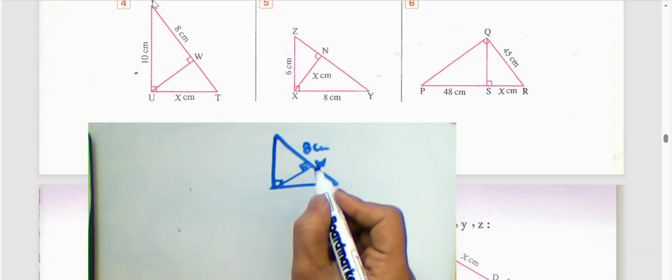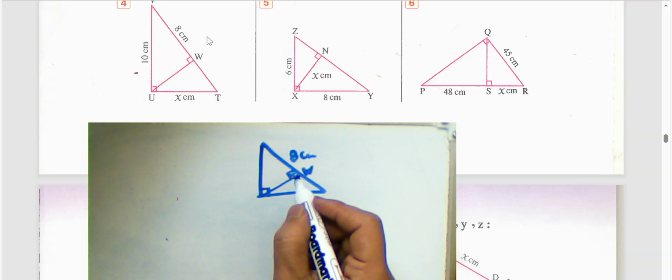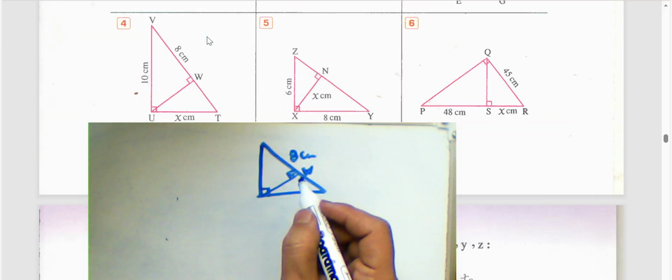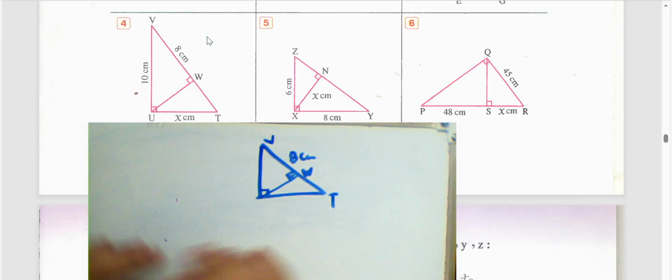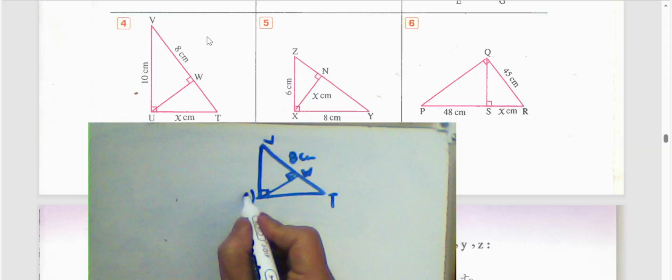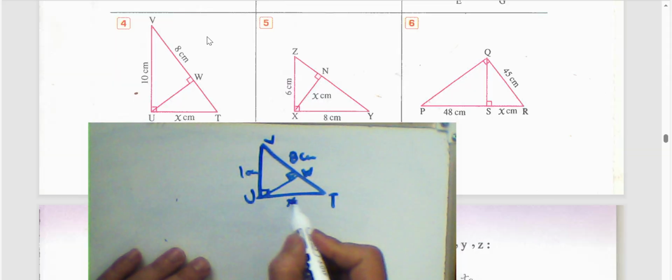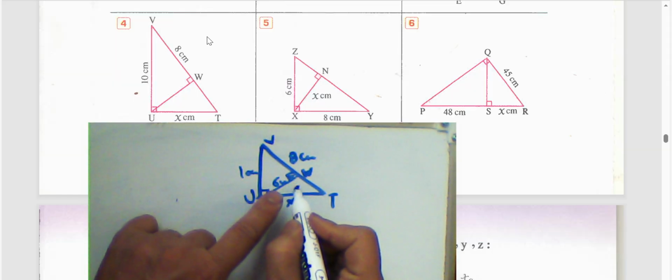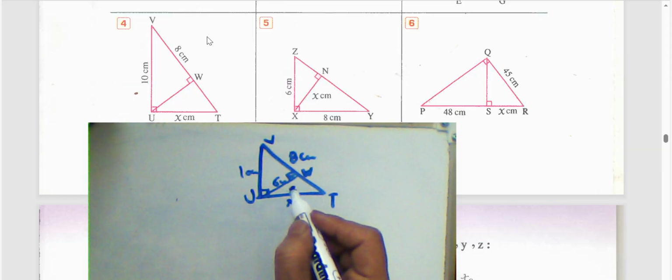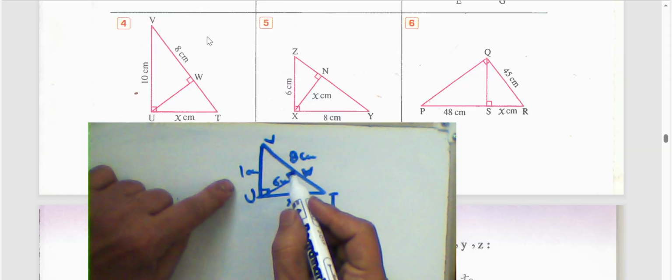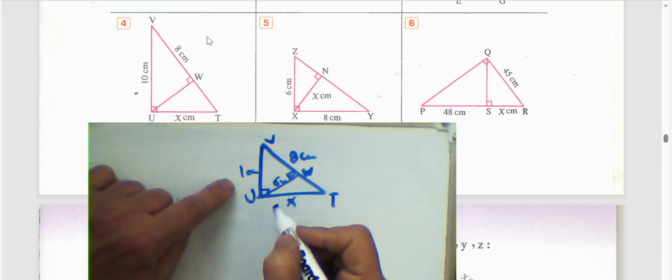We have 8 centimeters, and here v and t and u. We have x and here 10 centimeters. First step, we can find this 6 centimeters from Pythagoras theorem: 10 power 2 subtracted by 8 power 2, and then the square root, it will be 6.